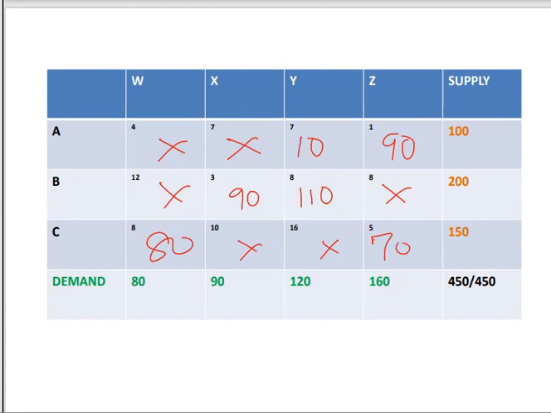Under C, we have allocations under CY and CZ. Under CY, we had only 10, right? And under CZ, we have 60.